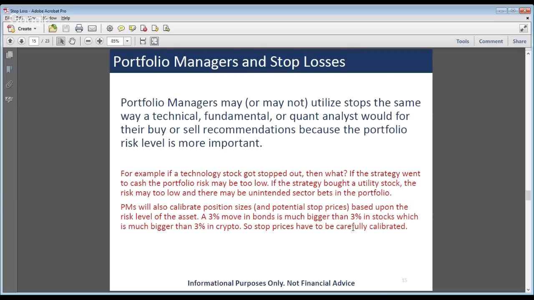If you're truly managing a portfolio of assets, you should be much more concerned about the portfolio risk level, and that your portfolio is properly aligned to where you want it to be in terms of downside risk, in terms of the bets that you're taking, whether it's sectors or asset classes, crypto or stocks or bonds, than individual assets.